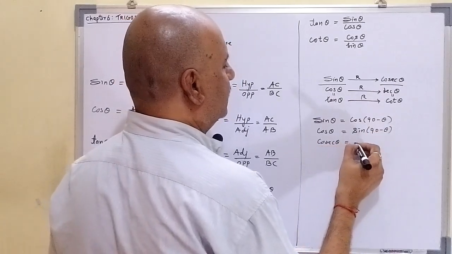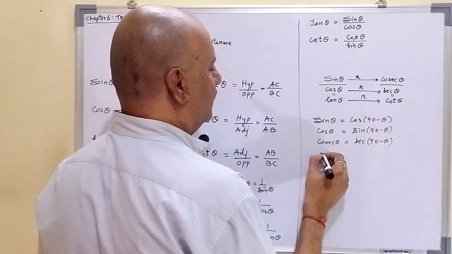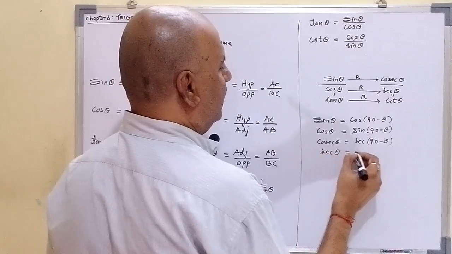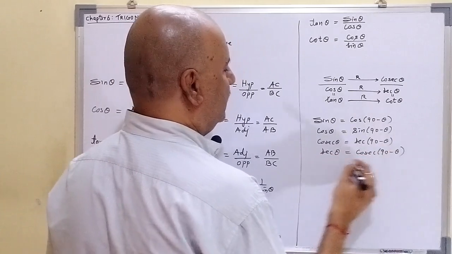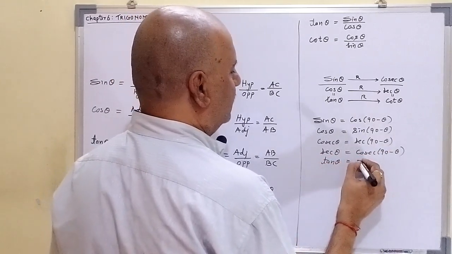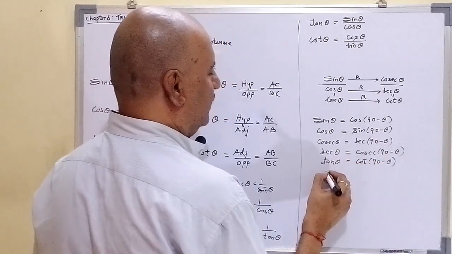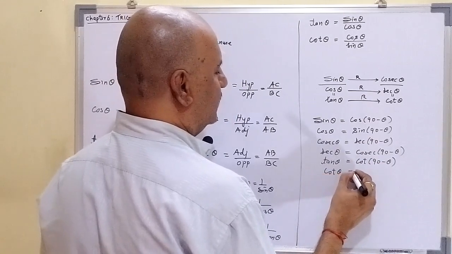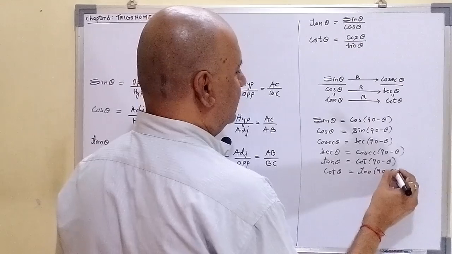Cosec theta is sec 90 minus theta. Sec theta is cosec 90 minus theta, tan theta is cot 90 minus theta, and cot theta is tan 90 minus theta.